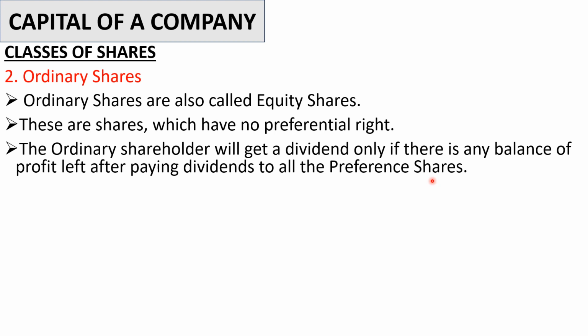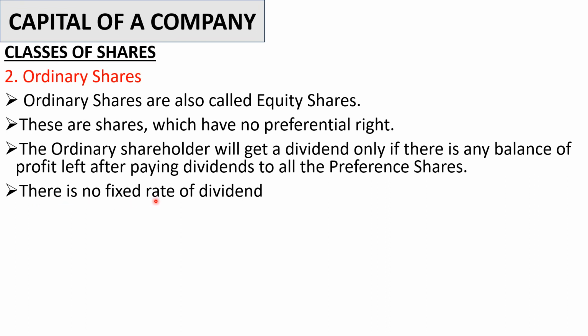So when there is profit, the first shareholders to be paid are the preference shareholders. If there is money remaining after paying the preference shareholders, that money is going to be given to the ordinary shareholders. That's when they'll receive dividends.